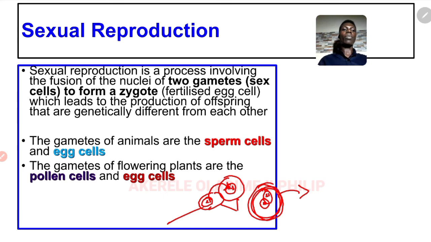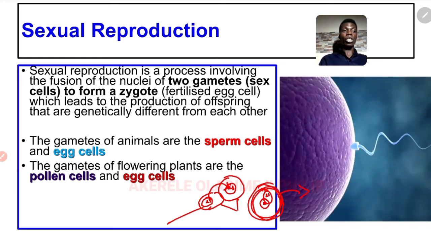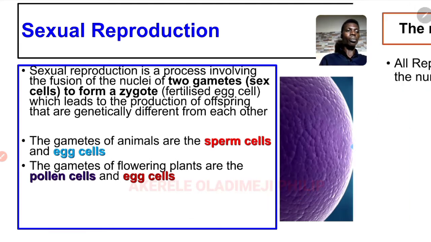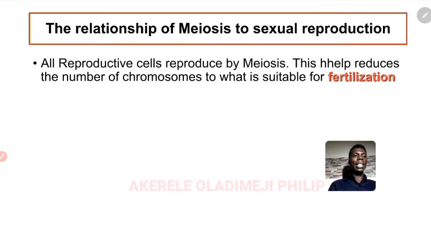Now, the gametes of animals are the sperm cells and egg cells, and the gametes of flowering plants are pollen and egg cells, basically. All right. So what you have here is just an illustration of what sexual reproduction is. Then now I need to remember this.